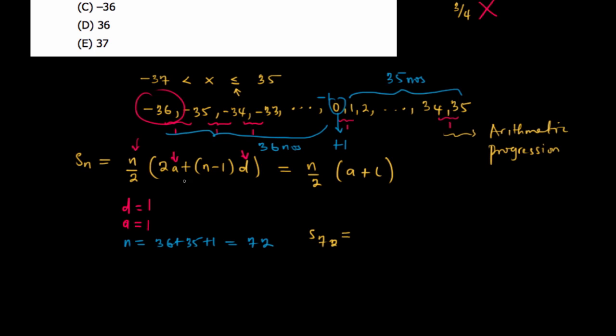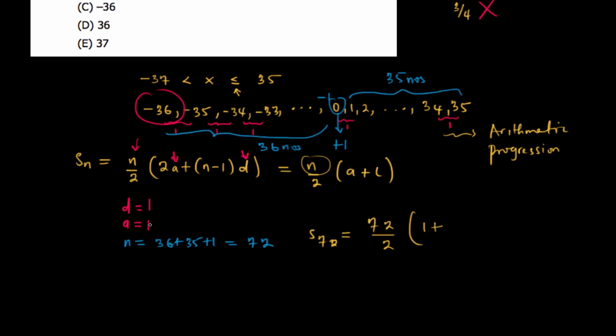Now S72, according to the formula we have here, is the number of terms, which is 72, divided by 2, multiplied by the first term plus the last term. Sorry, the first term we have here is not 1.